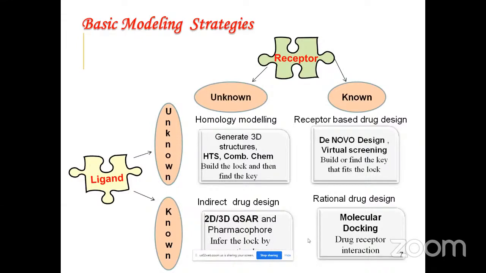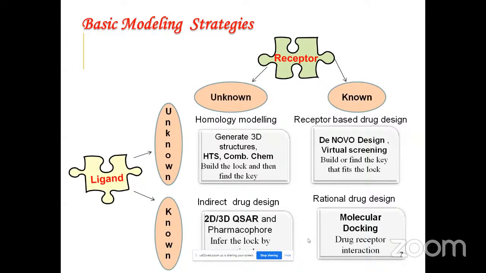The important properties responsible for that particular biological activity will be identified and optimized, which can improve the overall biological activity or overall behavior of that particular molecule. That is the basic fundamental of this QSAR analysis.